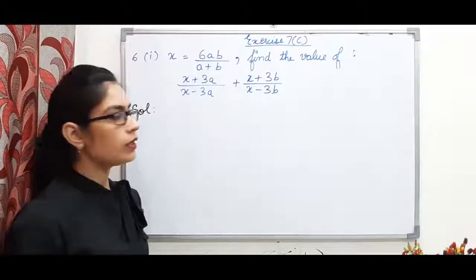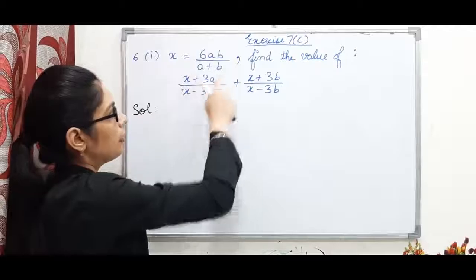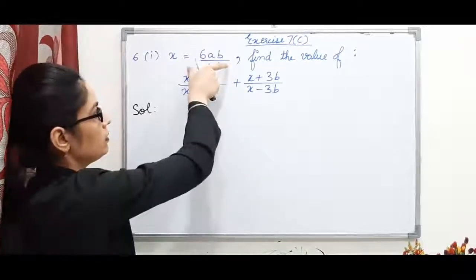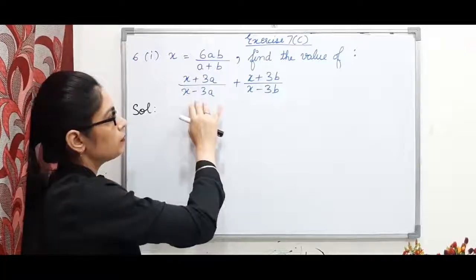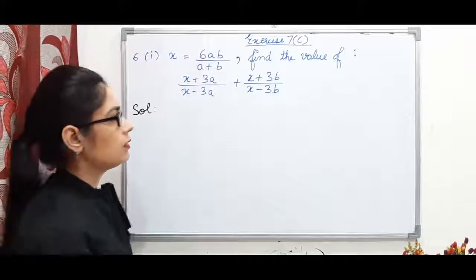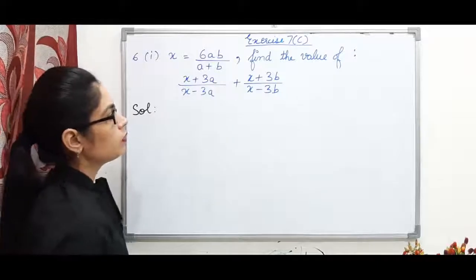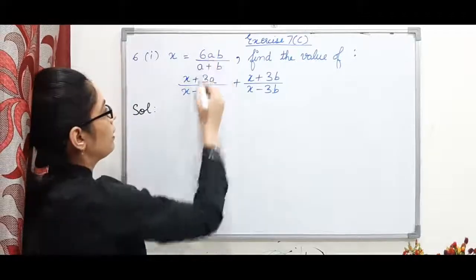In the sixth question, it's given that x is equal to 6ab by a plus b. So the value of x is given to us. Find the value of (x + 3a) by (x - 3a) plus (x + 3b) by (x - 3b). So this we have to find. Whenever we are finding something or proving something, we can start from the given thing.